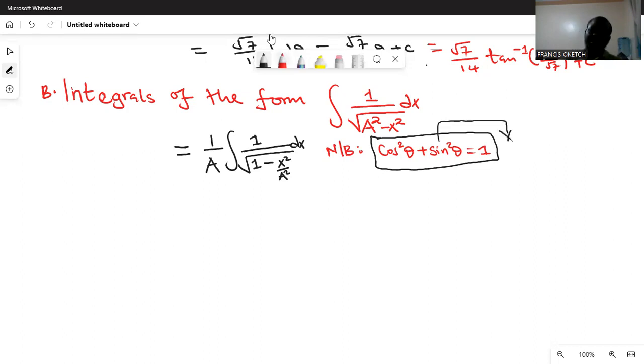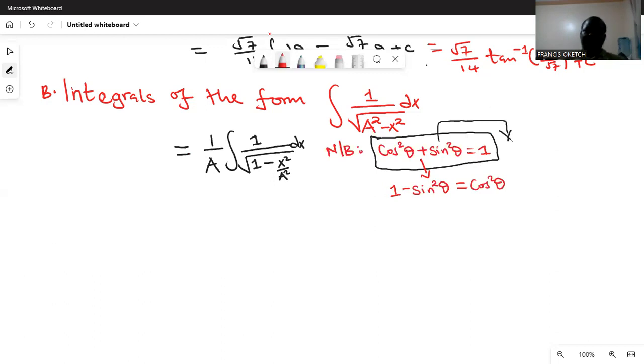I'm going to take sine squared theta to the right hand side so that you have 1 minus sine squared theta gives us cos squared theta.